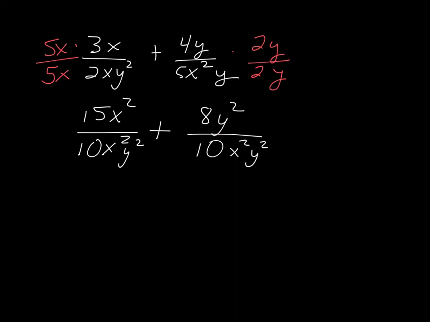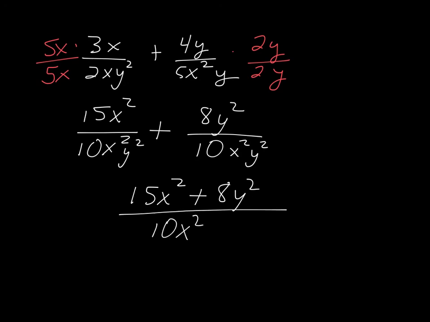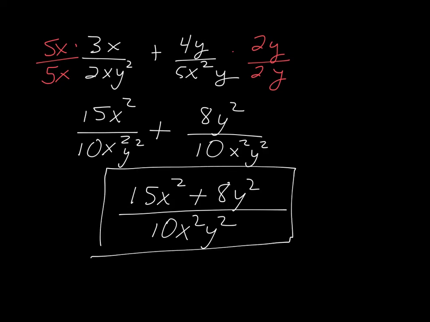And that was the hard part. The easy part now is just writing it all together as one fraction. You take the numerator of one plus the numerator of the other one, all over one big common denominator of 10x squared y squared. That's it.